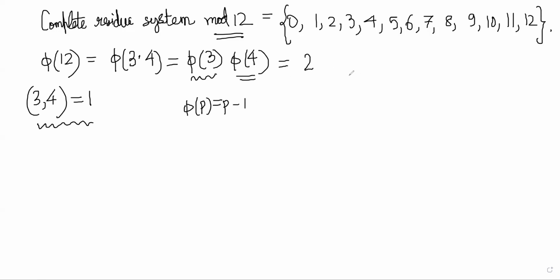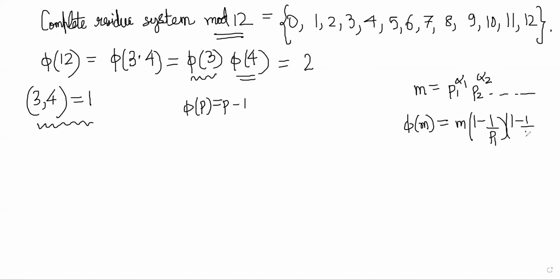And for phi of 4, we will use the formula. Now, the formula was m equal to p1 power alpha 1, p2 power alpha 2, and so on, then phi of m was equal to m into 1 minus 1 by p1, 1 minus 1 by p2, and so on, right? So if you use this formula, 4 is simply 2 power 2, so phi of 4 should be equal to 4 into 1 minus 1 by 2.